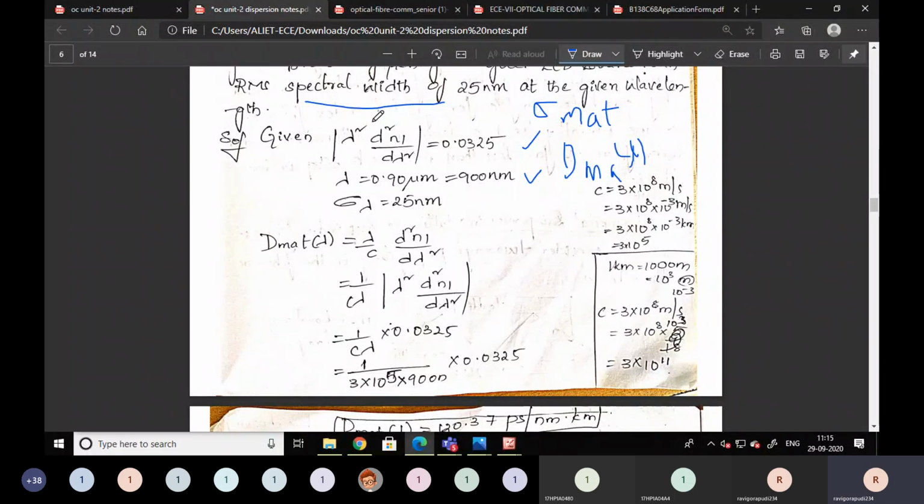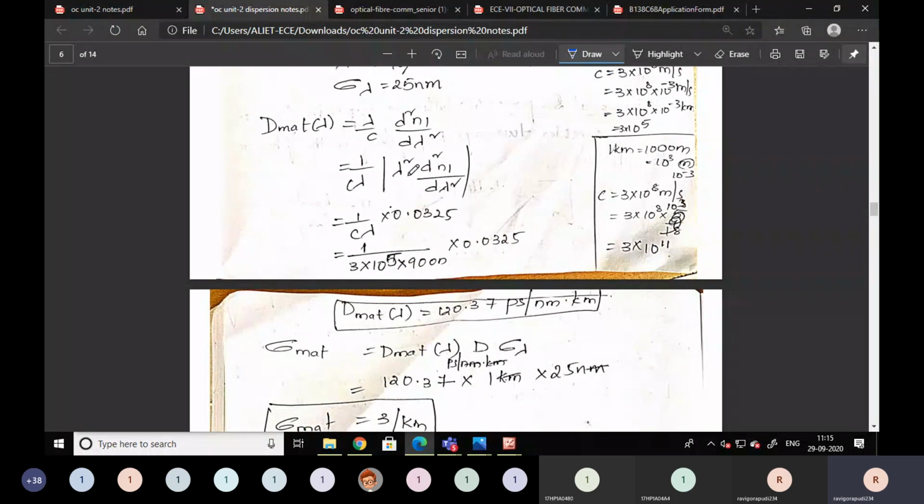How will we get it? By multiplying numerator and denominator with lambda. Then lambda into lambda, lambda square, d square n1 by d lambda square in the numerator, and in the denominator c into lambda. Taking the lambda square term as modulus, we get 1 by c lambda into lambda square d square n1 by d lambda square.